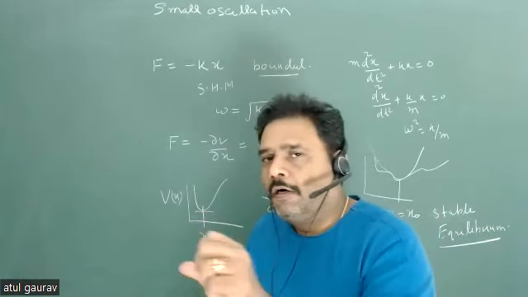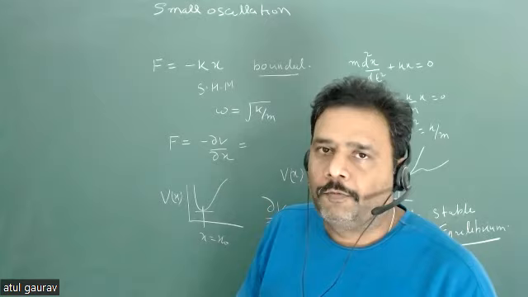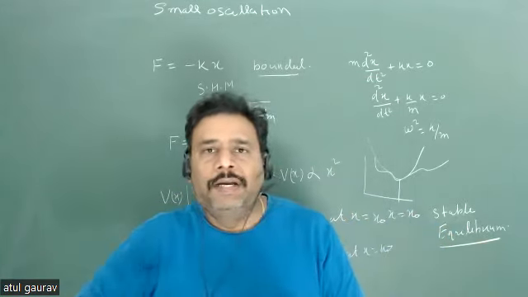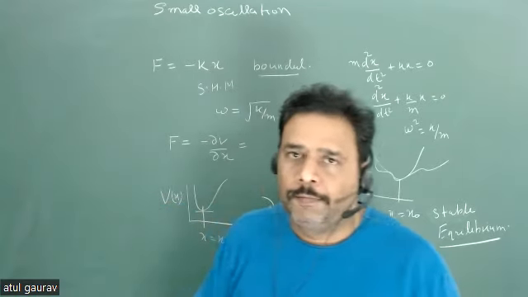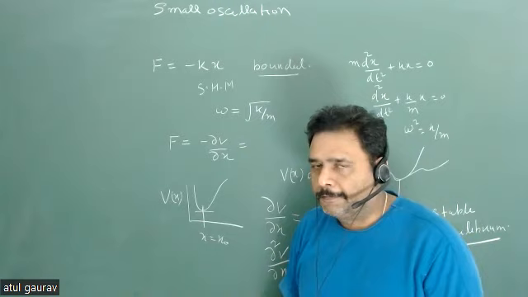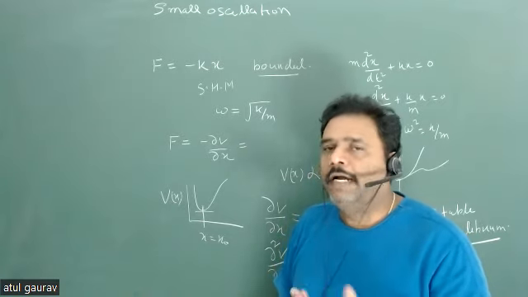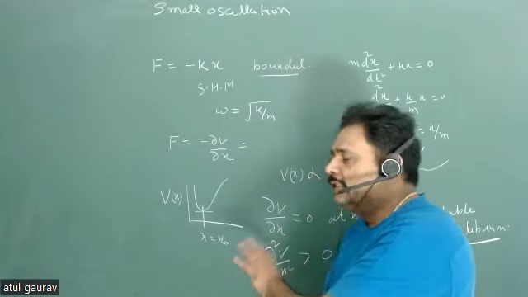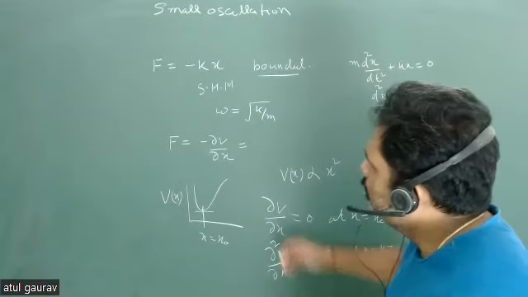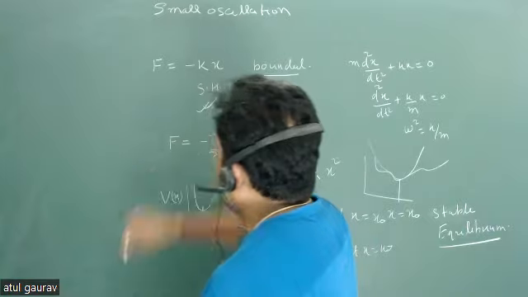The force is always towards the equilibrium point, and this force tries to bring it back to the equilibrium position. So if you have this sort of information, you can easily calculate the angular frequency omega.